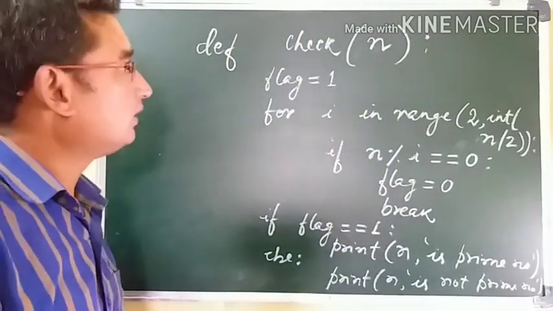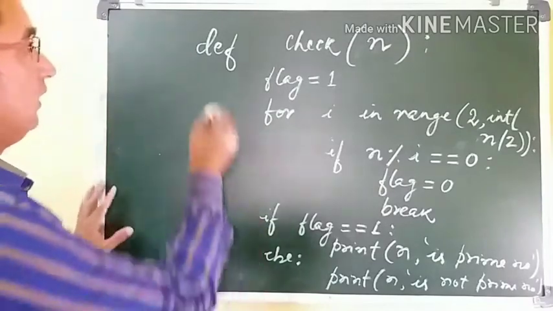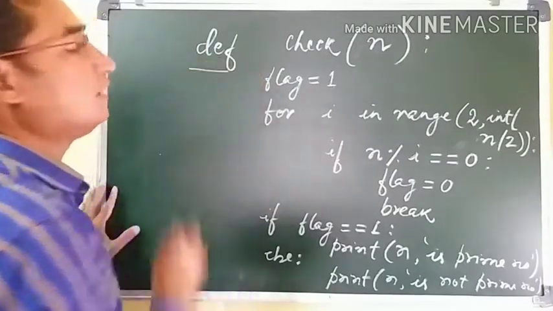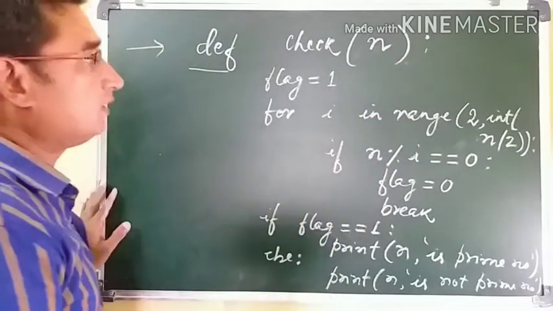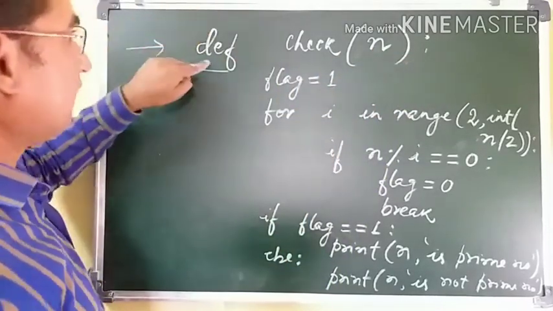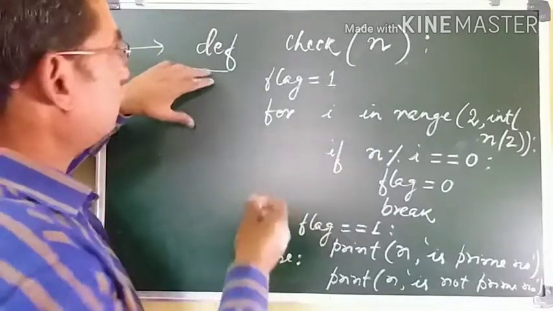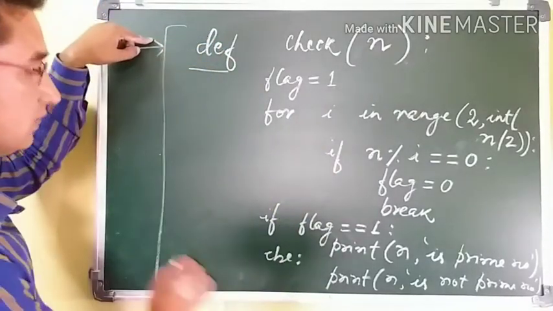This is the function. To write a function, we need to write the def keyword here. This line is the function header. To define a function, all this is known as function definition.